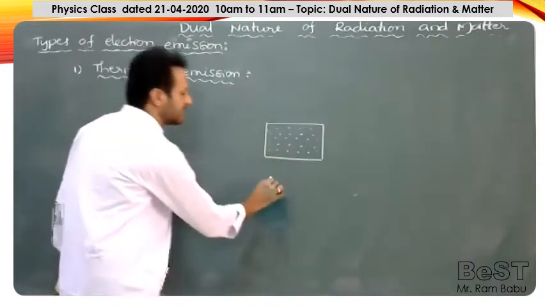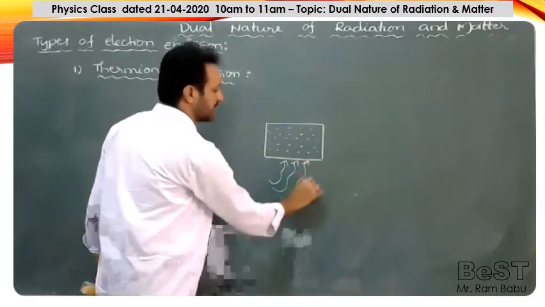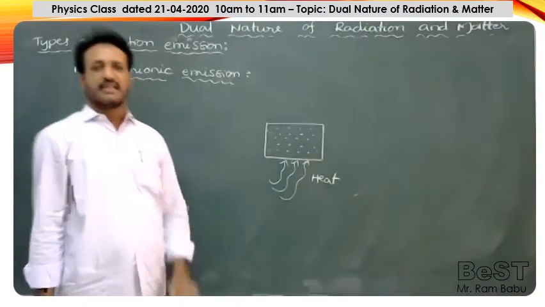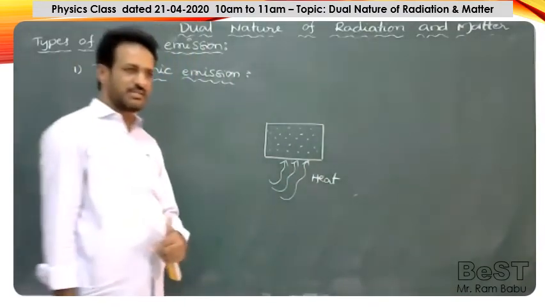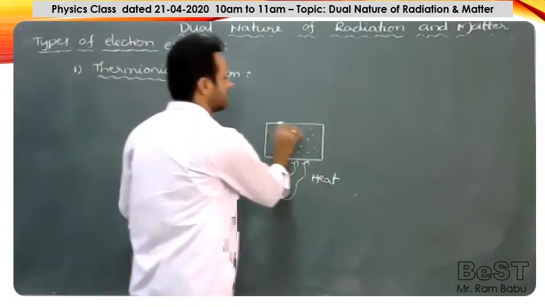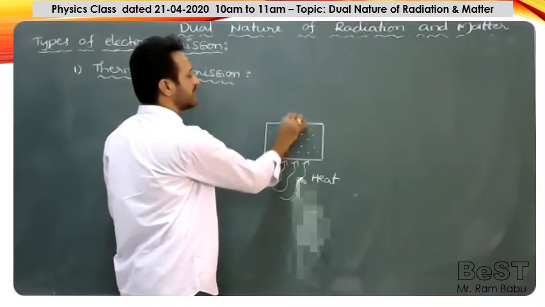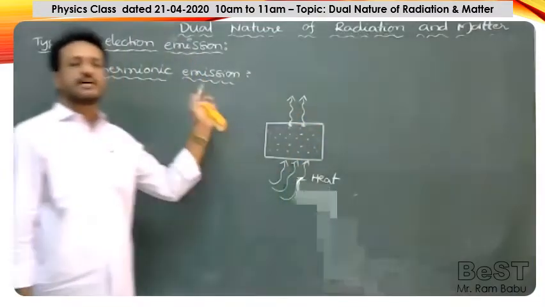Now I am supplying some amount of heat to the metal. Whenever some energy is supplied to the metal, what will happen? The electron will gain the heat energy and it may overcome the work function. Once it overcomes the surface barrier or work function, the electron is liberated from the surface of the metal. That is called thermionic emission.